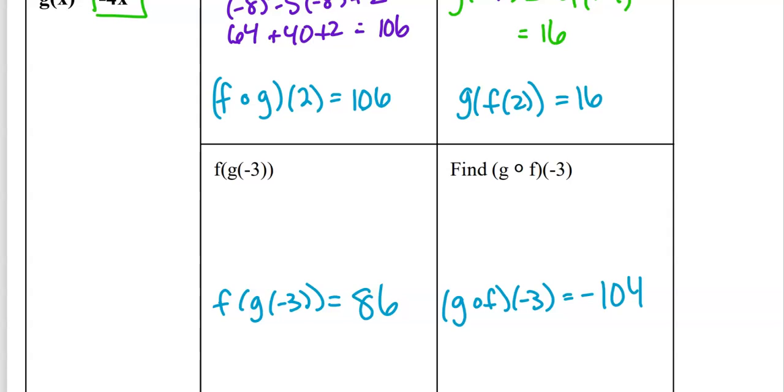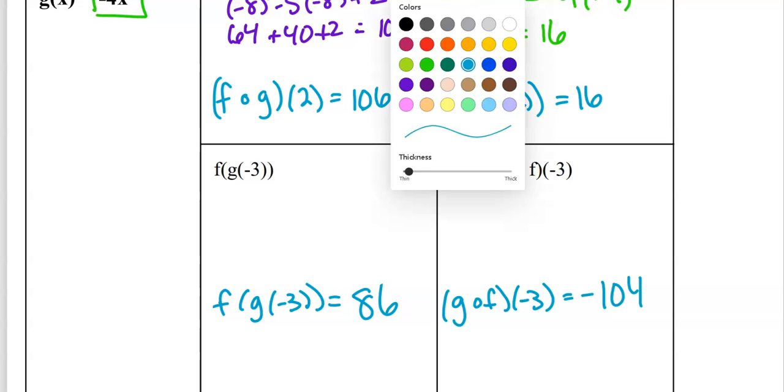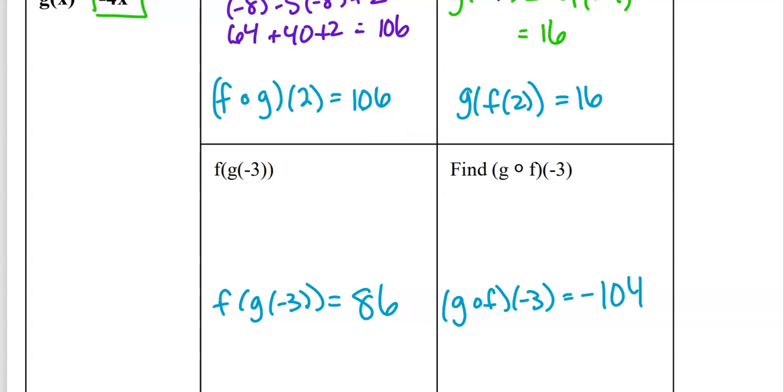Okay. Our second one, we take negative 3 and plug it into which one first? You have to plug it into F first. So F of negative 3 is going to be negative 3 squared minus 5 times negative 3, and then plus 2.